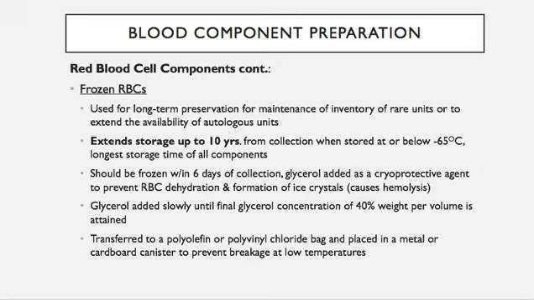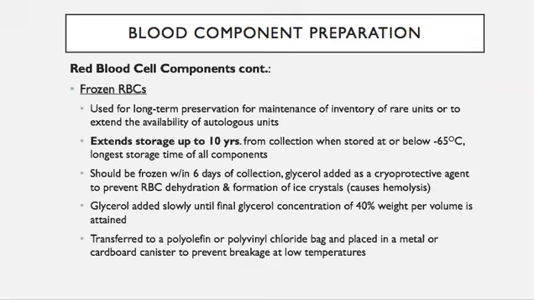Okay, frozen red cells. These are used for long-term preservation for maintenance of inventory of rare units or to extend the availability of autologous units. This method of freezing red cell donations can extend the storage time up to 10 years from the collection if it's stored at or below negative 65 degrees Celsius. This is going to be the longest storage time of all of the components. The unit should be frozen within 6 days of collection.